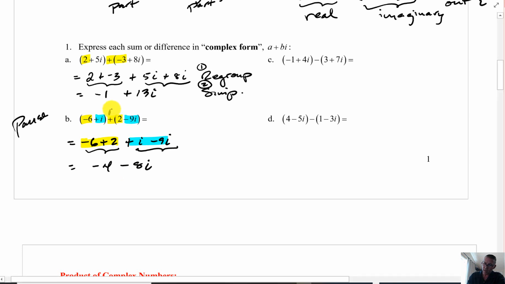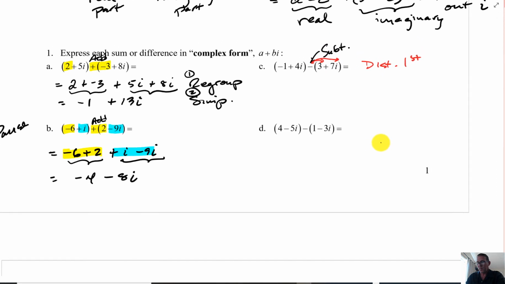Okay, so here where you're adding, the plus sign obviously means you add. Here we're subtracting. Okay, so when you subtract complex numbers, you basically have to use the distributive property, and you got to distribute first. Okay, so distribute first. So let me model this here.